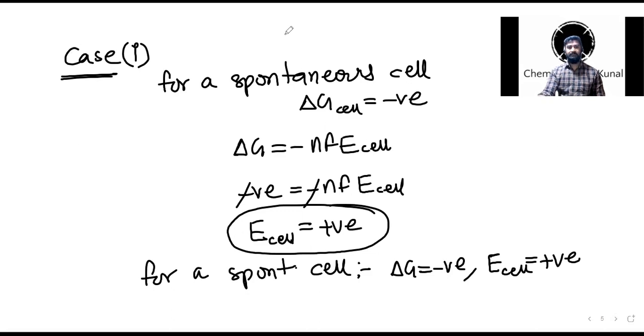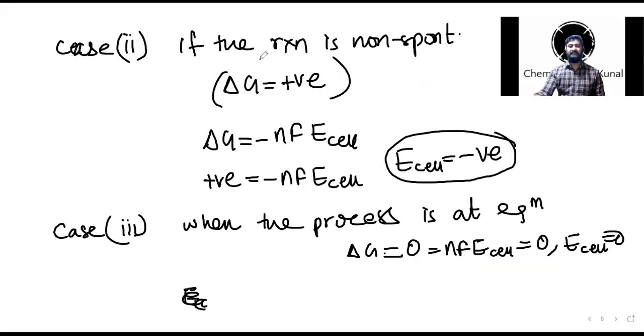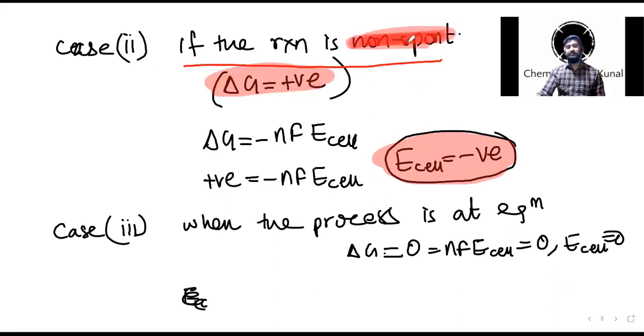Case number 1 is a spontaneous cell. For a spontaneous cell, the most important criteria is delta G negative, E naught cell positive. That's what makes a cell spontaneous. Whereas in the case of a non-spontaneous cell, E naught cell will be negative and delta G positive for a process to be non-spontaneous.